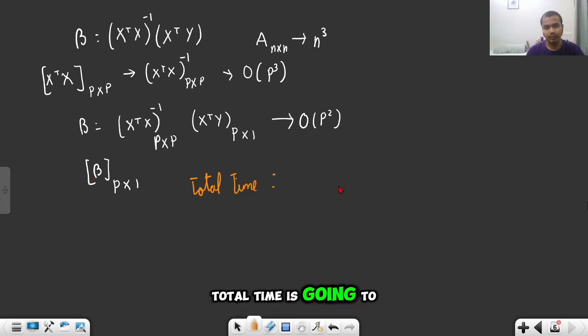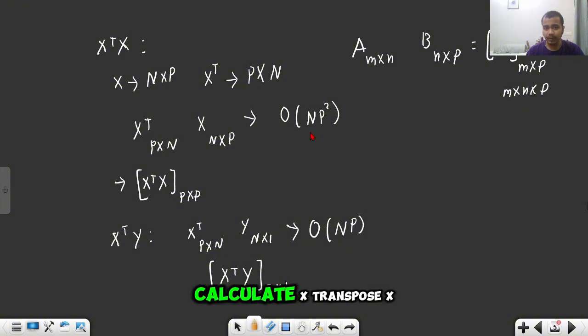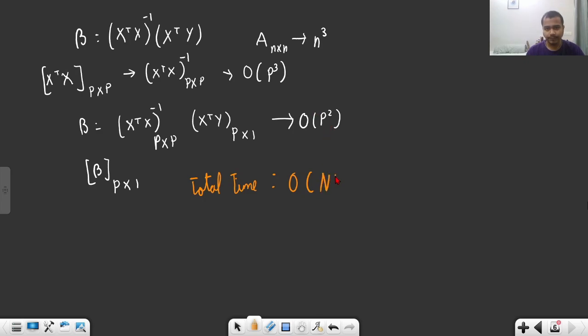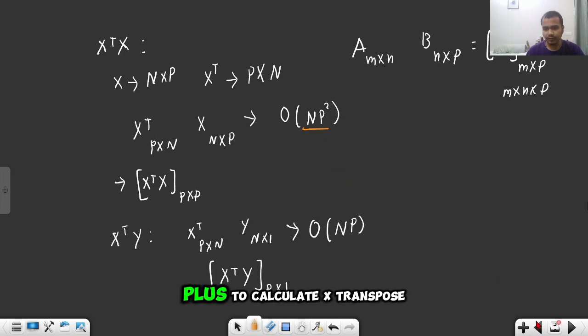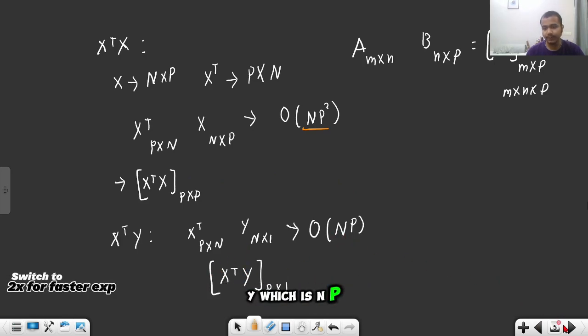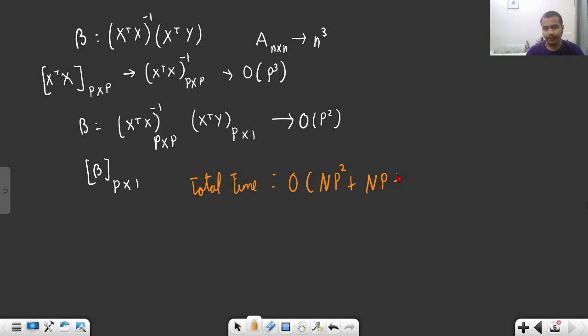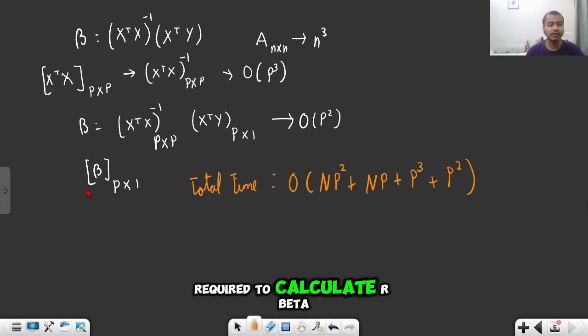The total time is going to be O of, first, the time to calculate X transpose X, which is np square, plus the time to calculate X transpose Y, which is np, plus X transpose X inverse, which is p cube, plus the final multiplication of these two matrices, which consumes p square. This is the total time required to calculate our beta.